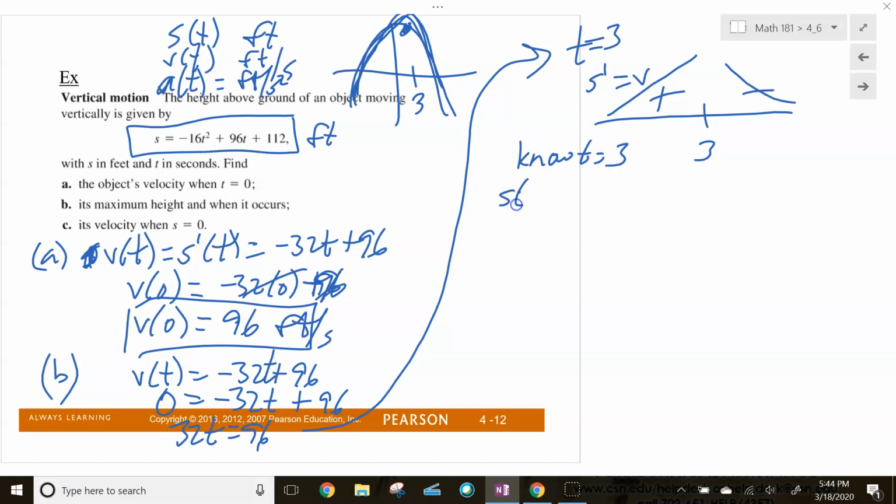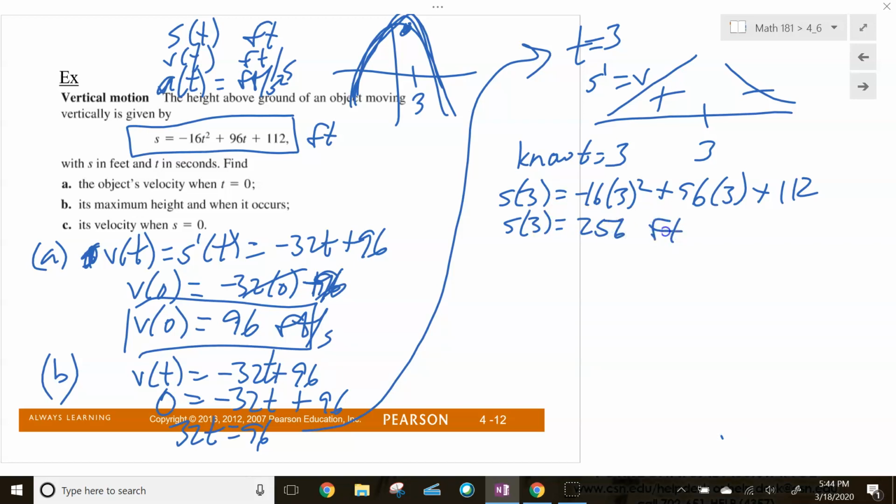So s of 3 is negative 16 times 3 squared plus 96 times 3 plus 112. Let's put that in here. That'll end up being 256, in feet. So that's your max, right? It occurs at 3 seconds, and the max height is 256 feet.